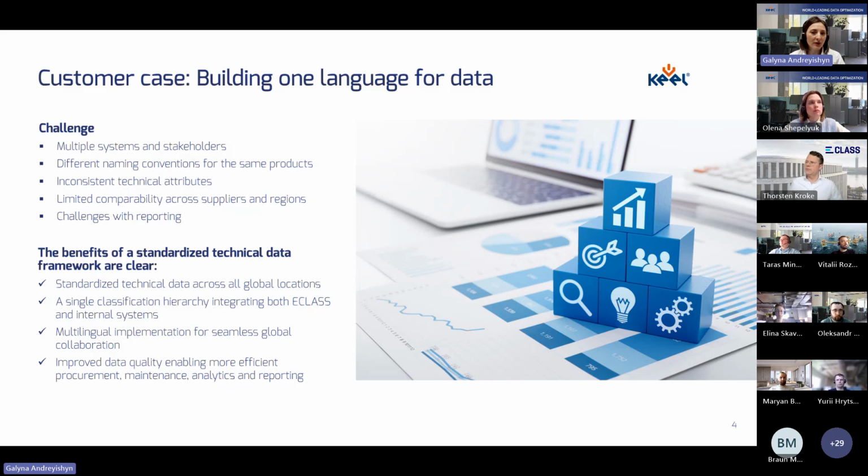In one of our projects, we supported a global customer in migrating technical data from more than 5 internal classification systems into a single unified structure implemented in SAP across more than 20 plants in scope. The complexity was not only technical, it was also organizational.